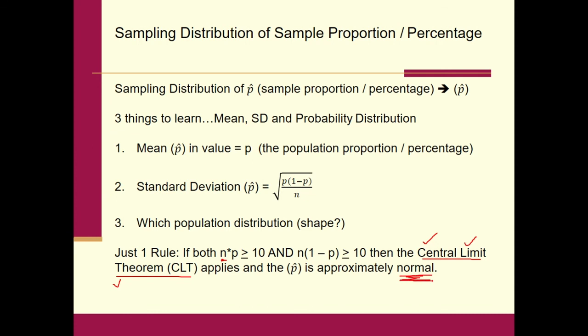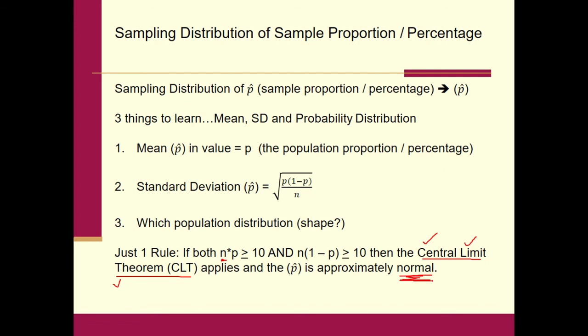Do you remember when we were in StatCrunch looking at the binomial, and I had p at like 0.1 and p at 0.9 and the sample size was very small, like 10? One was very much skewed left and the other was very much skewed right. And then I increased the sample size greatly, like to 1,000.